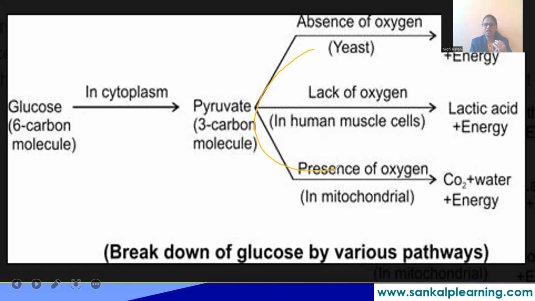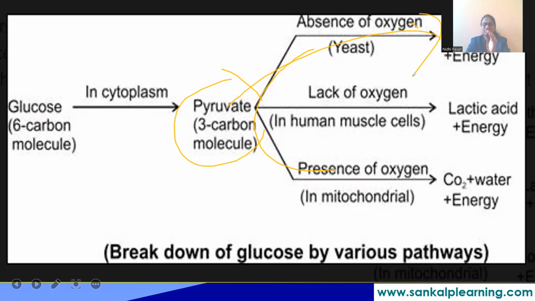It is unicellular, it has only one cell. In absence of oxygen, the pyruvate gives ethanol and carbon dioxide. In yeast, during the fermentation process, pyruvate is broken down to give ethanol and carbon dioxide.